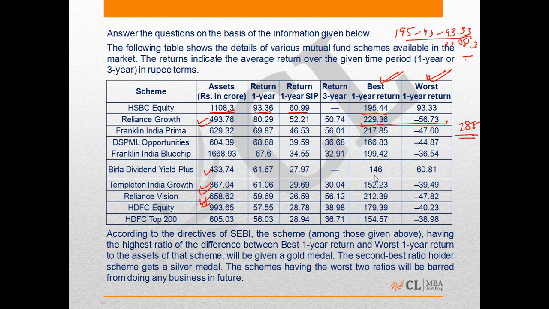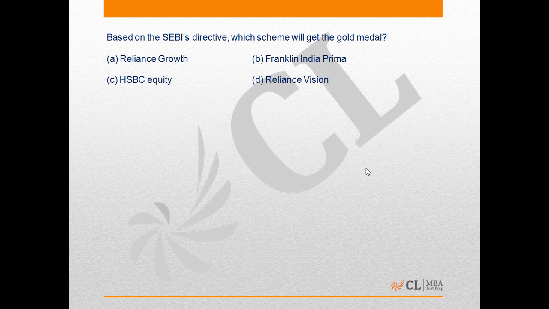And the difference of best 1 year return to worst 1 year return is quite high for these schemes. So on comparing these three companies, we get to know the ratio is the maximum for Reliance Growth. Therefore, the gold medal was given to Reliance Growth. Therefore, option A is the correct answer.